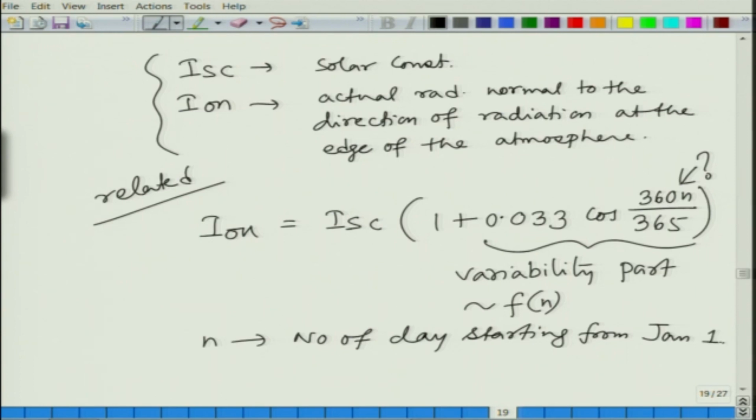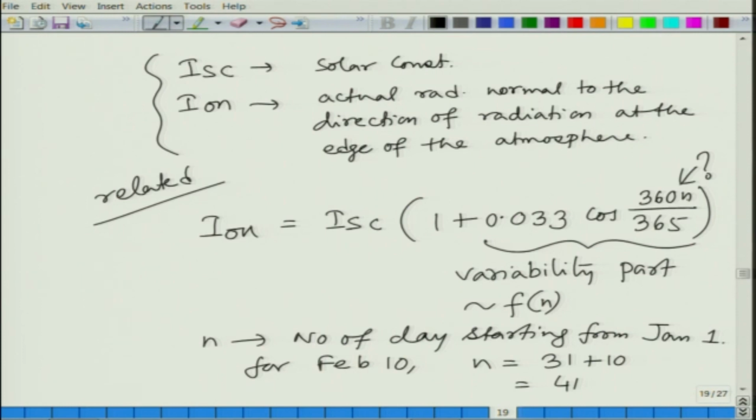Okay. So, for February 10 you will have n equal to 31 plus 10, that means 41. Okay. So, for 365 days in a year you can find a particular value of n, and that n goes in this expression which will determine what would be the extraterrestrial radiation intensity on that particular day.